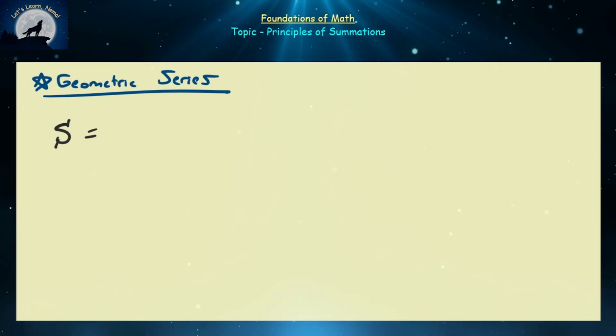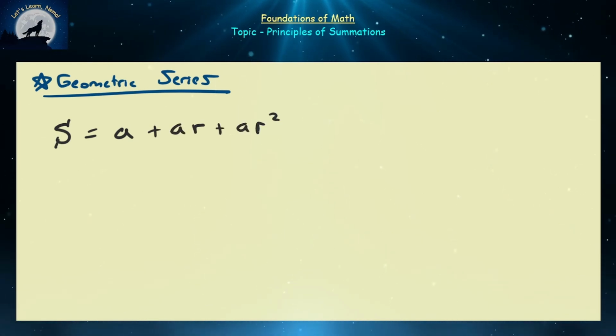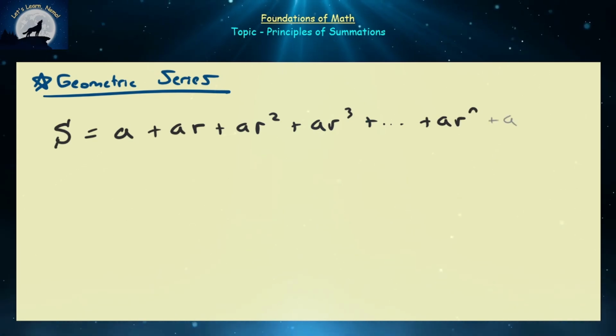What this is going to look like is a, which is just a constant, plus a times r, and then a times r squared, and then a times r cubed, all the way down to, let's say, a times r^n, and it could potentially go to a r^(n+1) and out to infinity, possibly.